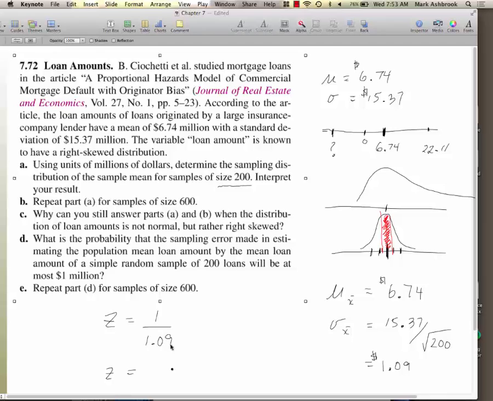So we want to be 1 million above and 1 million below. Do you see how? The numerator is our x bar minus mu. It's the error. So the numerator in the z-score is the sampling error. You see that? It's x bar minus mu.